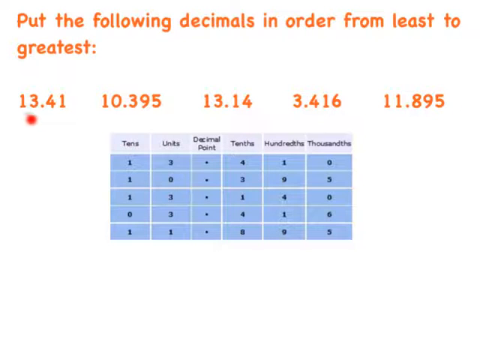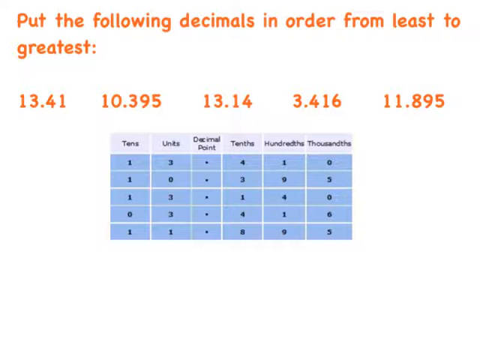So I'm looking at 13 and 41 hundredths, 10 and 395 thousandths, 13 and 14 hundredths, 3 and 416 thousandths, then 11 and 895 thousandths.